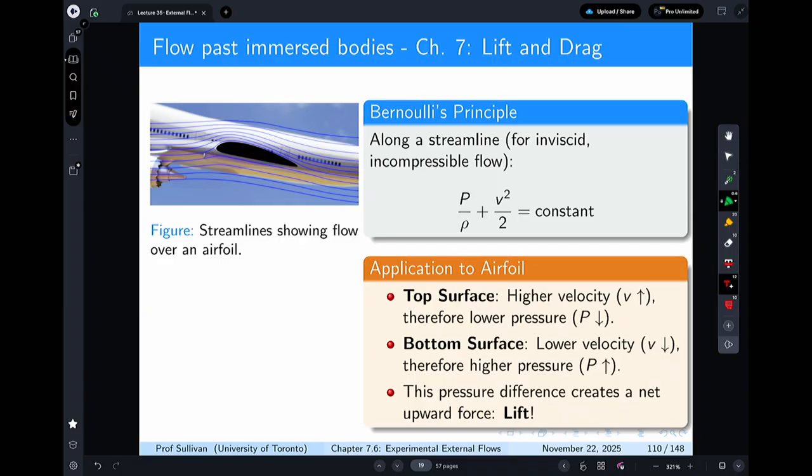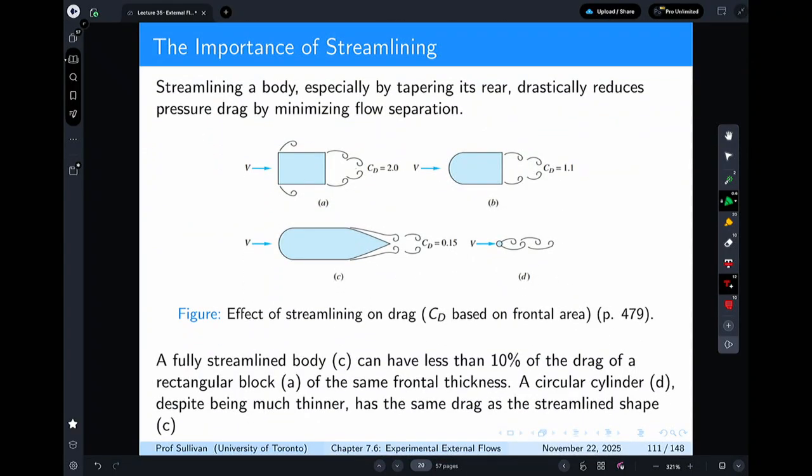On the bottom surface, you have a lower velocity but higher pressure, and that's where the difference between pressures then become the lift that you experience on the airfoil. And these sort of simplified pictures are really what we have tended to look at in all of these cases. So you're not doing anything different other than trying to figure out ways to improve aerodynamic characteristics.